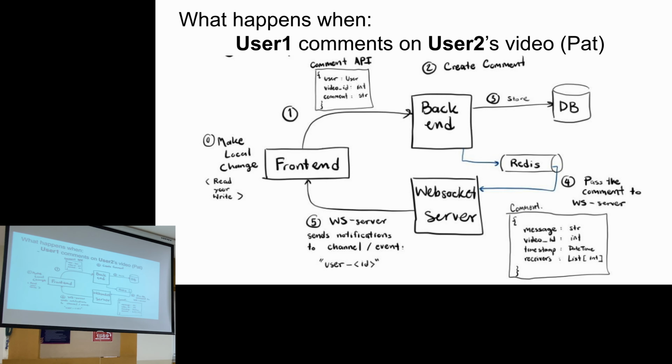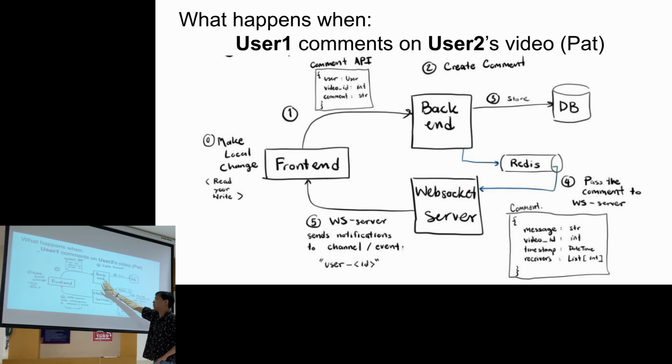Yes, and for the comments, it's pretty much the same. We also make a local change first, and then we send the comment API to the backend. It stores everything, and whenever we want to update the comment, we send a message to Redis, and then Redis sends these comments to the receivers.